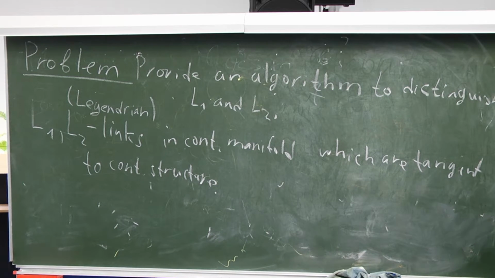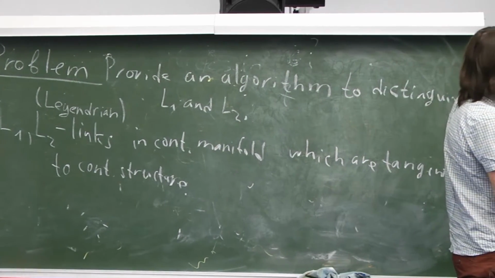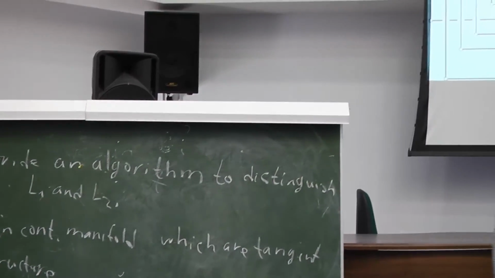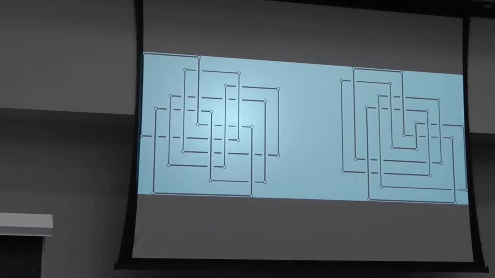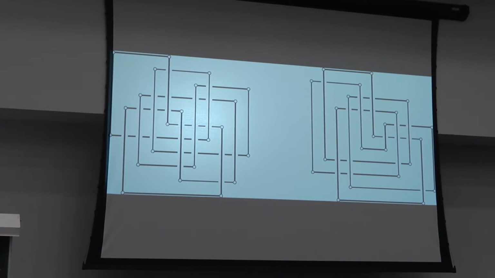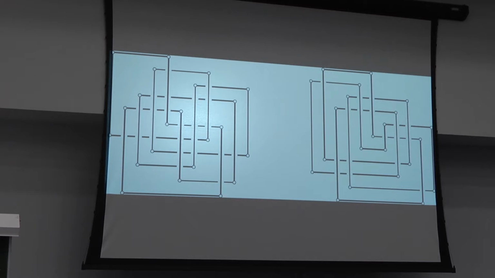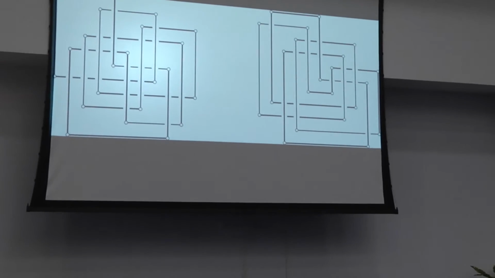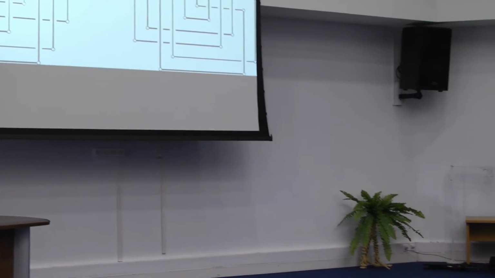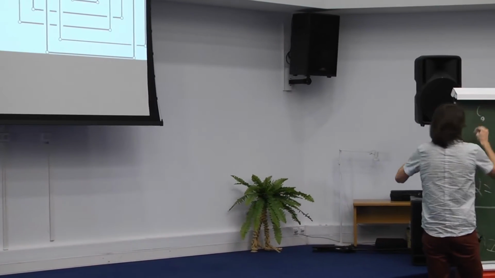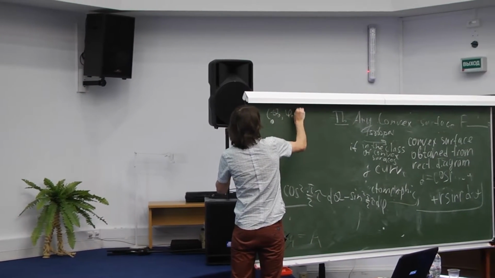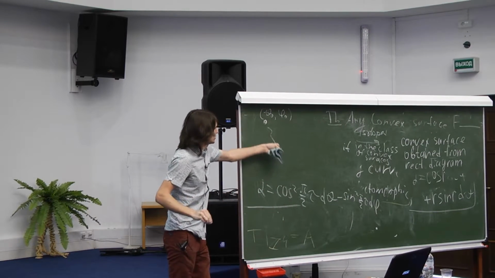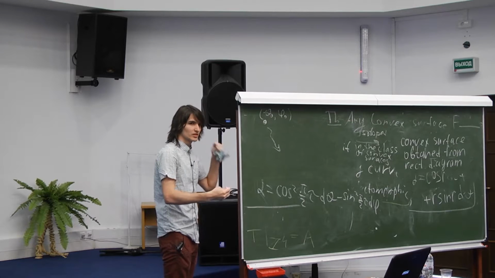In this picture, there are two Legendrian knots. Each vertex of this picture, say theta 0, phi 0, corresponds to a segment in S3.